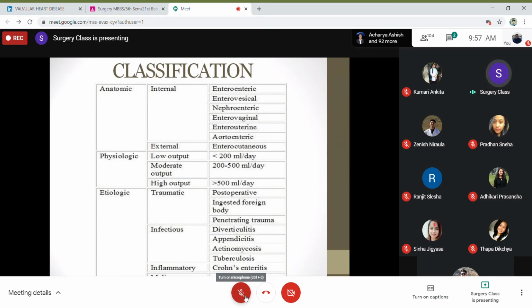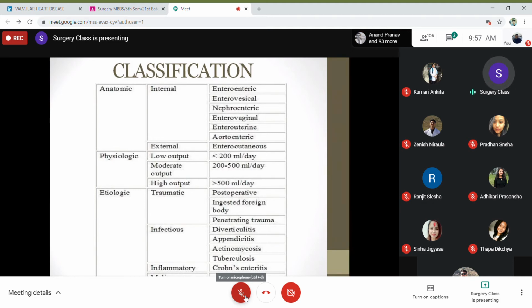These are the infectious causes, but the most common is the post-operative fistula. After surgery, if some bowel gets injured during the operation, it gives rise to a collection in the peritoneal cavity, leading to fistula formation.